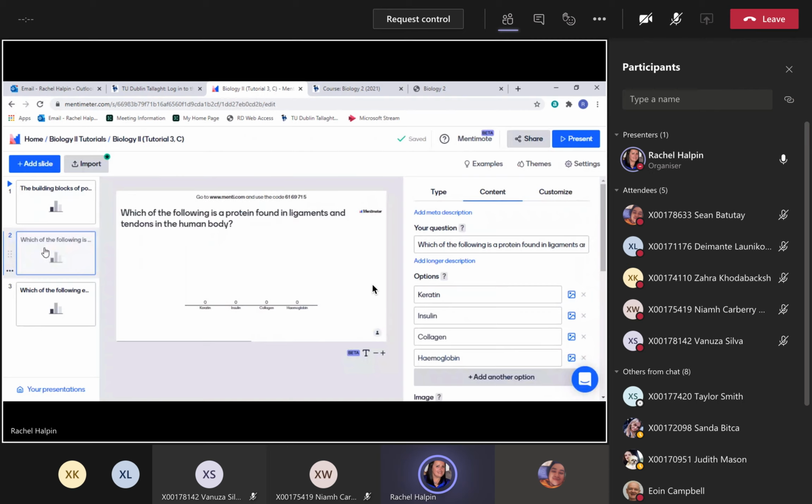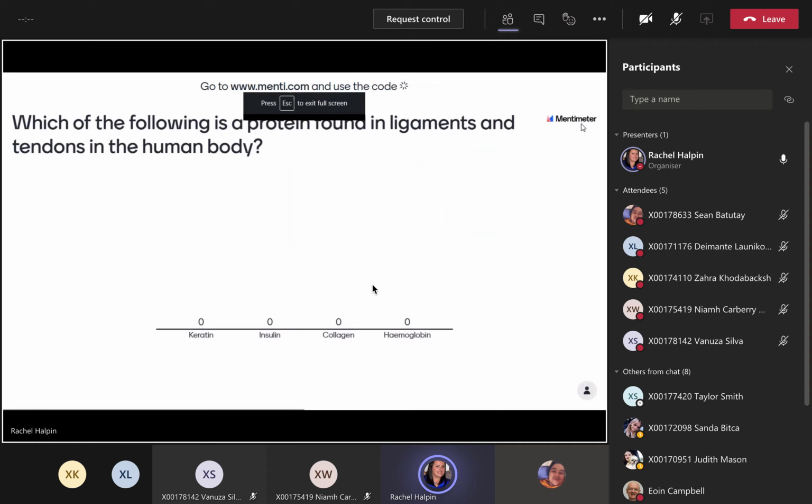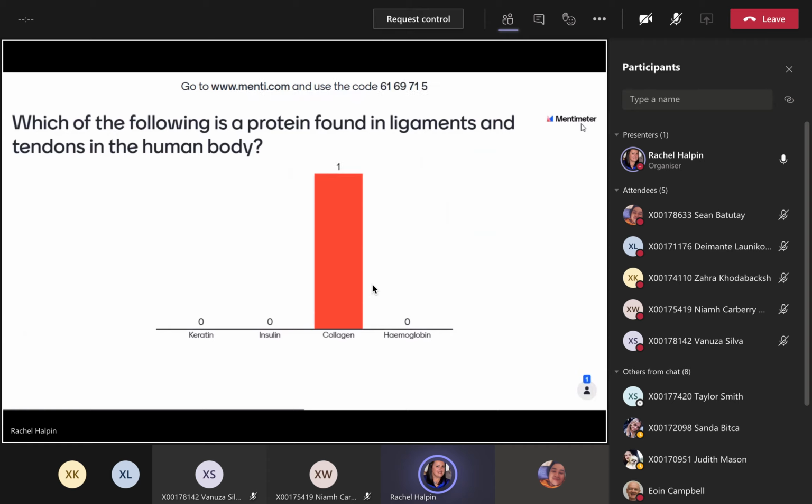So, which of the following is a protein found in ligaments and tendons in the human body? 4 options.